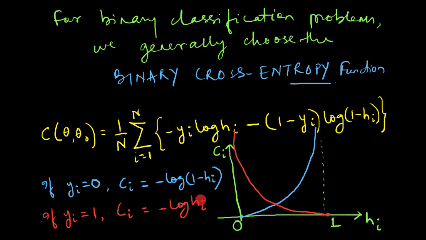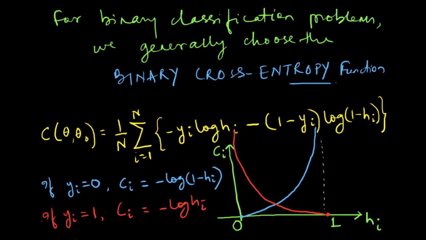That happens in this case and in this case also. So when yi is 0, the cost function is small when hi is close to 0. That is the intuition behind the binary cross entropy function.